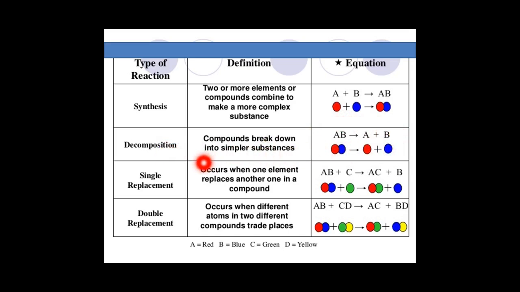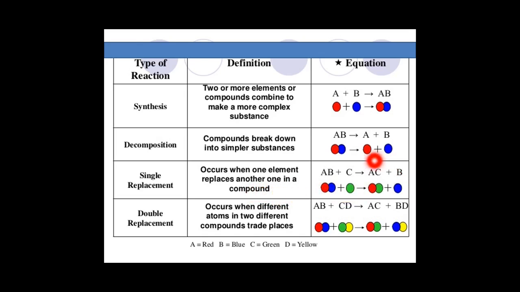In a decomposition reaction, compounds break down into simpler substances. Whereas in synthesis, two or more elements or compounds combine to make a more complex substance, a new compound. A single displacement reaction occurs when one element replaces another one in a compound.